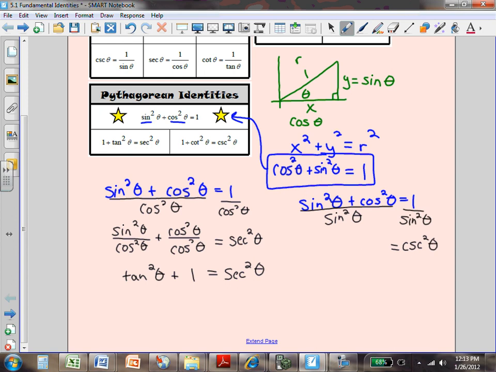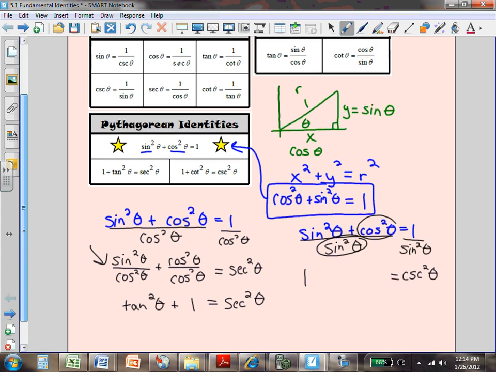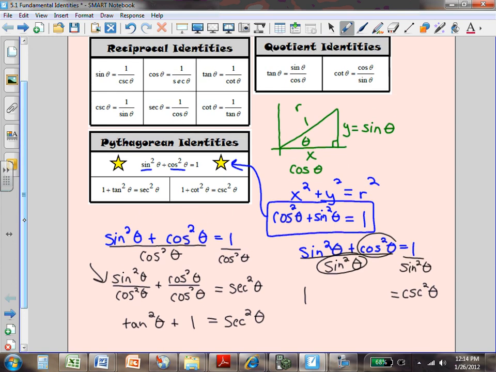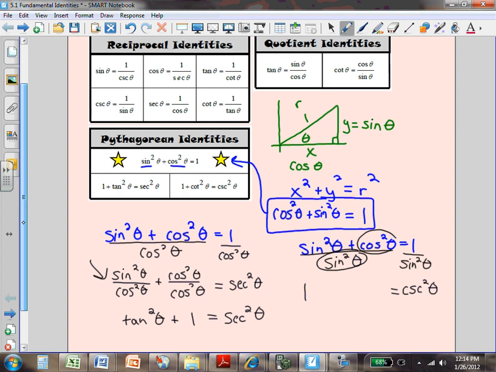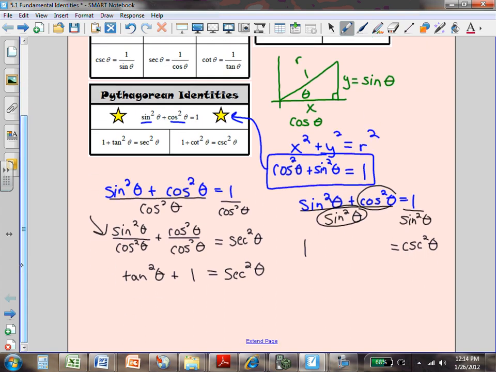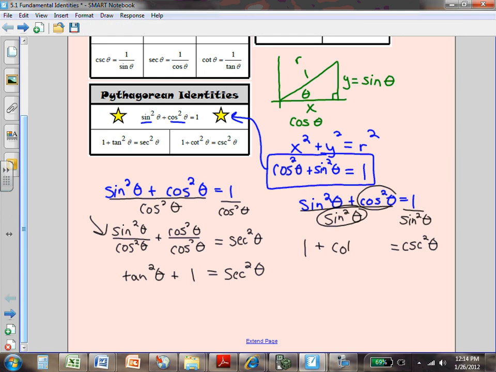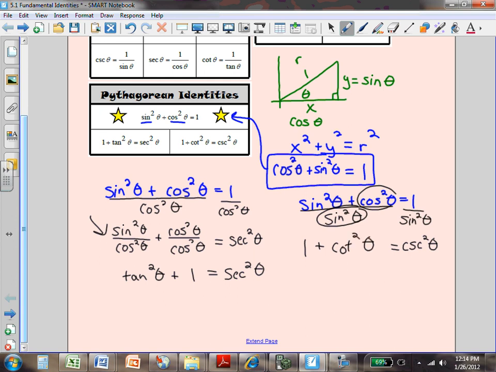And then on the left side, I'm going to do exactly what I had done over here and split it up. I have sine squared over sine squared, that's 1. And then I'm going to take cosine squared over sine squared and look up above in your quotient identities. Cosine over sine is cotangent, so cosine squared over sine squared is cotangent squared. So this is 1 plus cotangent squared theta.